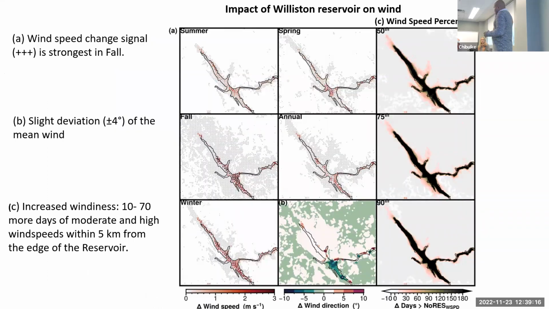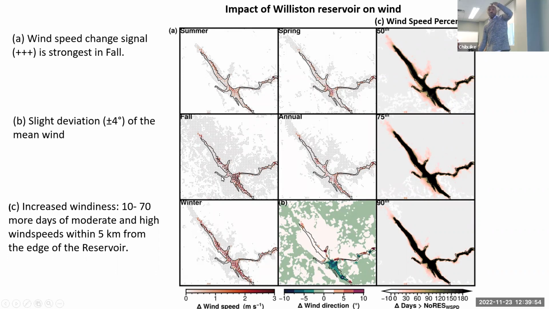Now, wind is also a parameter we'd like to look at just quickly, because this has been an issue. While I was there, I got feedback that there's a lot of particulate matter pollution due to strong winds, and that also suggests there's an increase in wind speed because this reservoir provides a smoother surface.